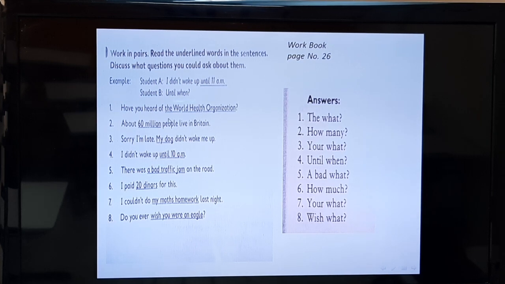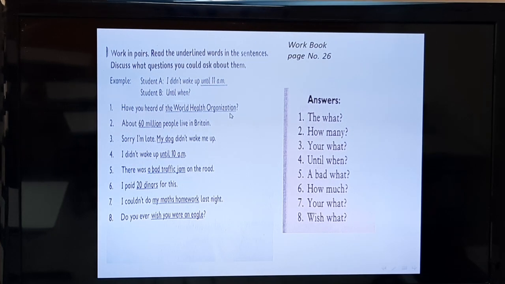Number 1, have you heard of the World Health Organization? The suitable question word for the underlined words, the World Health Organization, will be the what.